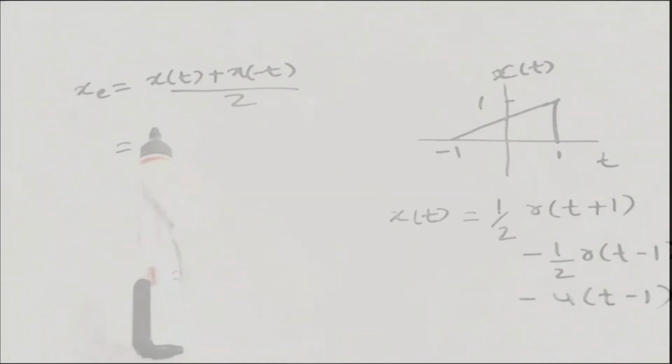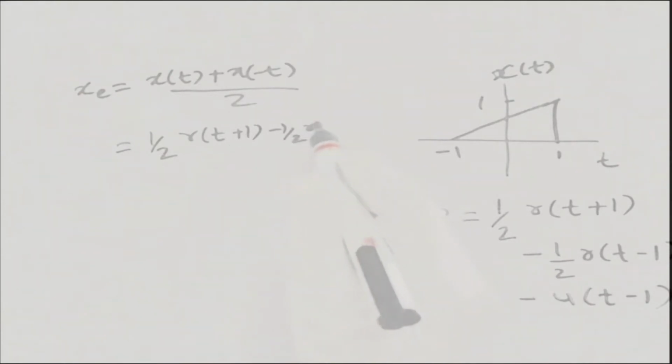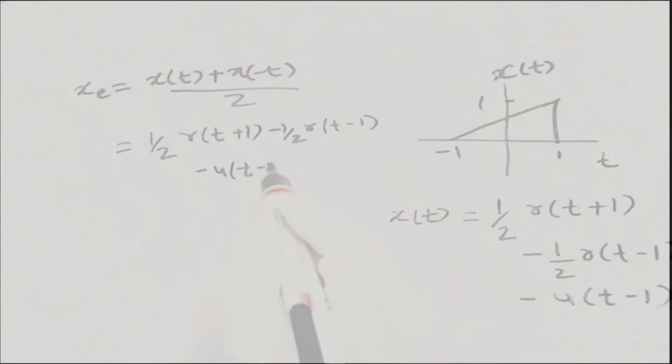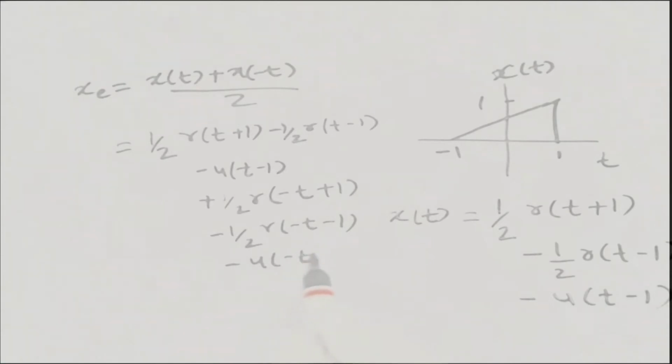Now we have half of r(t plus 1) minus half of r(t minus 1) minus u(t minus 1), plus, again, we have x(-t), so all the values of t will be substituted from negative: half of r(-t plus 1), minus half r(-t minus 1) minus u(-t minus 1), and this all divided by 2.